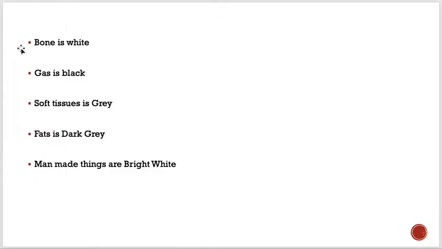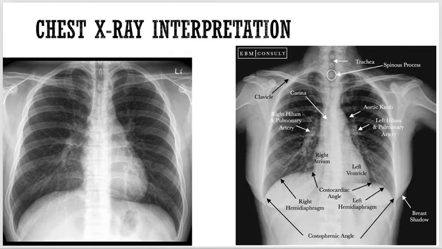So simply, bone is white, gas is black, soft tissue is gray, fats are dark gray, and man-made things are bright white.